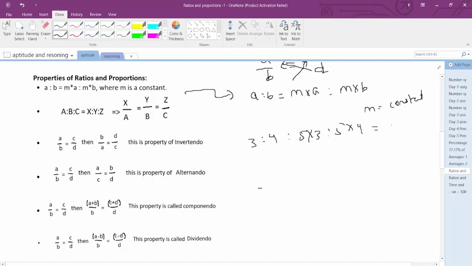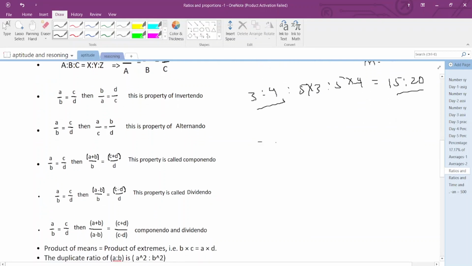Now the ratio becomes 15 is to 20. So 15 is to 20 or 3 is to 4, both are correct. Whenever you multiply both terms of the given ratio with any constant value, whatever answer you get is equal to the given ratio. This is one of the properties. Multiply with any number, the result is the same ratio.